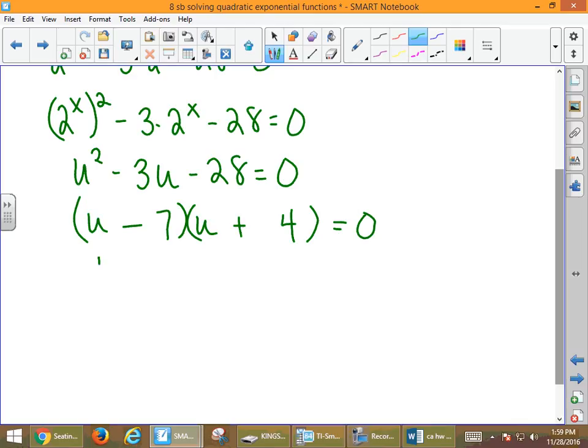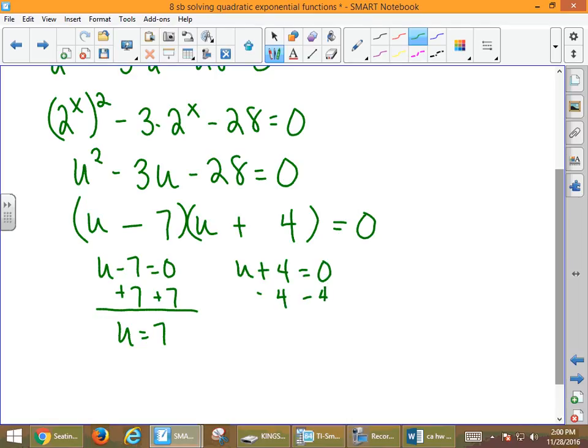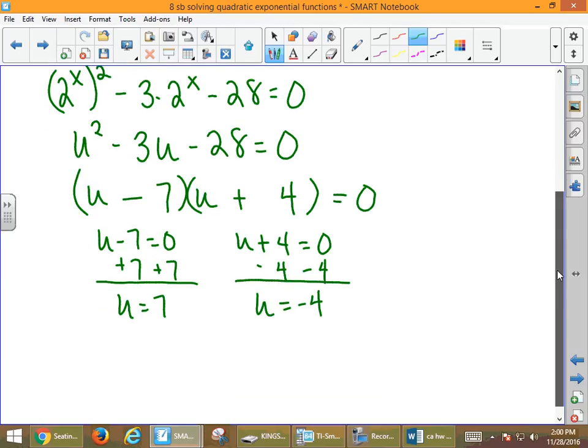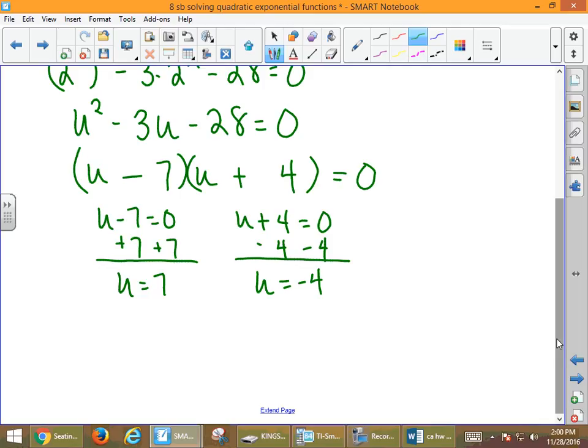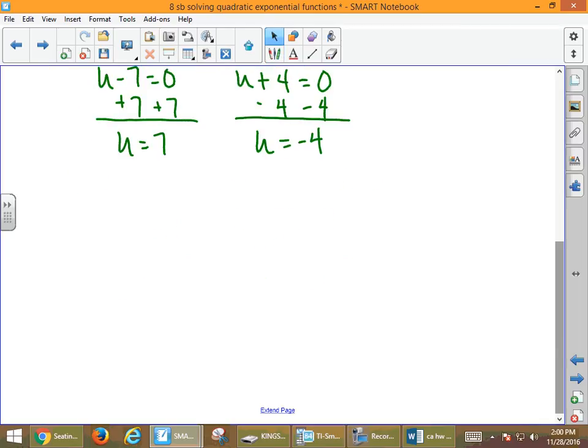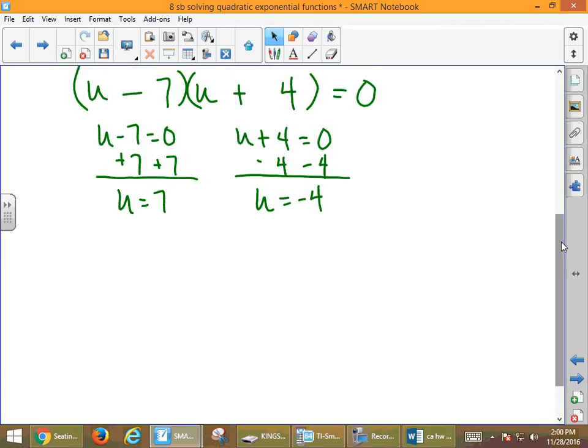But if you can't, the way that we get that is u minus 7 equals 0, so we get u equals 7. u plus 4 equals 0, so u equals negative 4. So that was step 4. We factored and we solved for u. But we need to use those values to really solve for x, which is our ultimate goal.